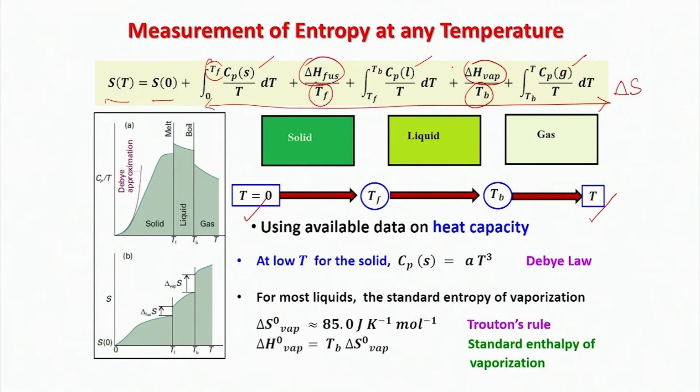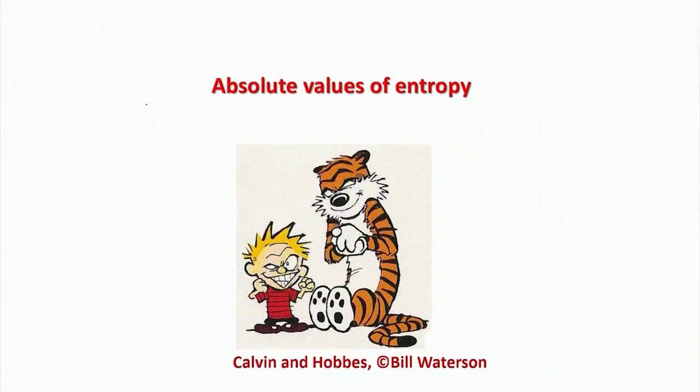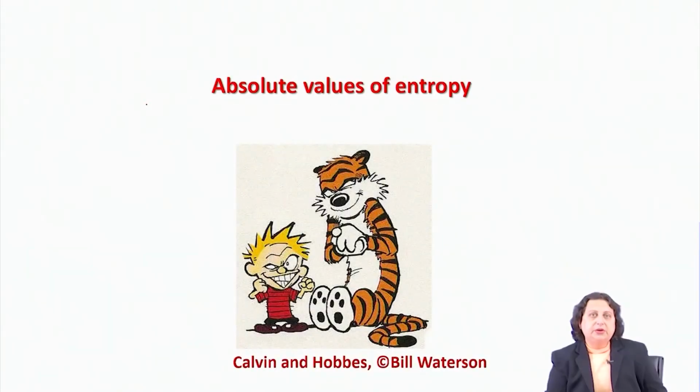Therefore, once again, let me emphasize that I can find out the absolute value of S of T, provided I know the experimental data on the specific heats, etc., and the entropy of the system at absolute zero of temperature. Now, let us spend a little bit of time talking about how to get the absolute values of entropy.